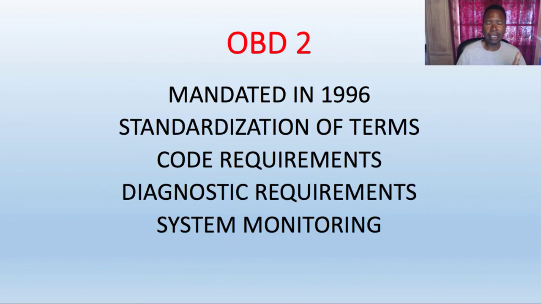It's like a self-smog. It's diagnosing itself while it's driving. It was mandated in 1996. The terms were standardized. Code requirements had to be met. Diagnostic requirements had to be the same across the board, on the generic side anyway, just like the codes. On the generic side, they're all the same. And it had to have sensor monitoring.